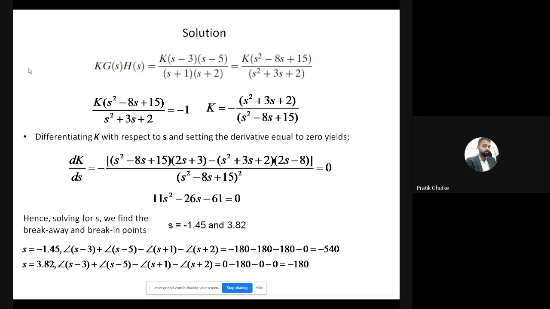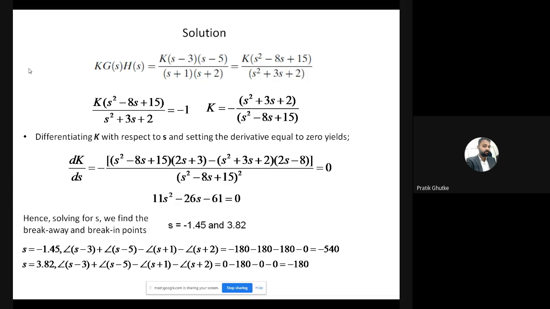Now what is the angle condition? I have calculated s equals minus 1.45 and 3.82. This was in general. Okay, now calculating the angle condition. Angle at s equals minus 1.45: first of all, I will take the point minus 1.45.